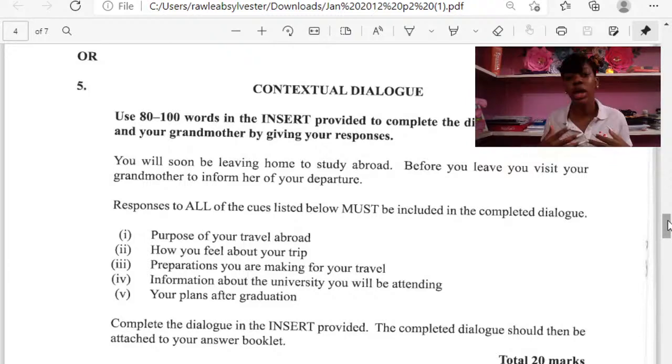So be sure when you're doing your dialogue, if you find you're going below the word limit, add in extra words, add in extra information. Again, how do you feel about your trip? You're excited, you're sad, fine. Let's just say you're excited. Give more information. Don't just say I am excited.